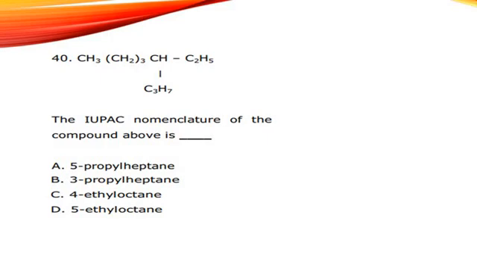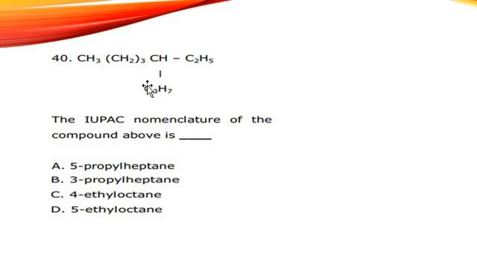Also, you start naming from the side that gives you the lowest number when you are counting the position of your substituent. So for this, if you were to expand this, we have one carbon here and then 3 carbons here, as you can see from the CH2 before the carbon having the substituent of propyl. Propyl refers to the alkyl group with 3 carbon atoms.